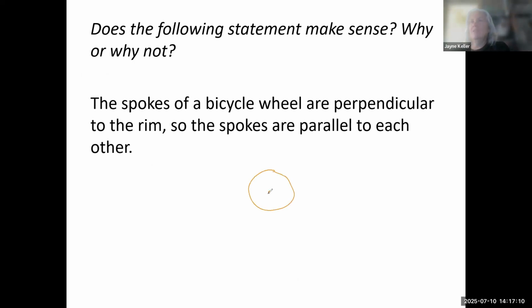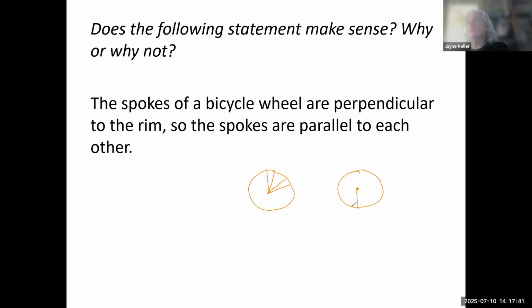What does a bicycle wheel look like? Like this. What does it mean to be perpendicular to the rim?